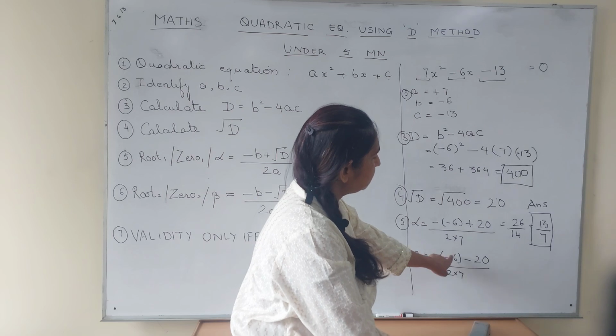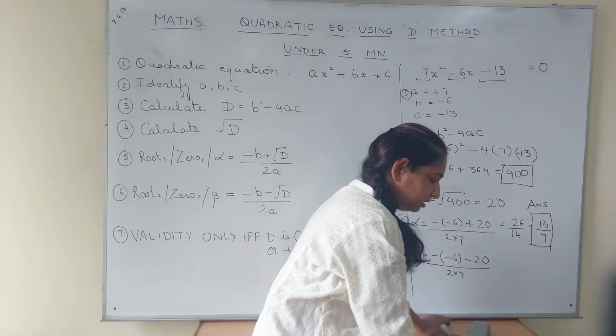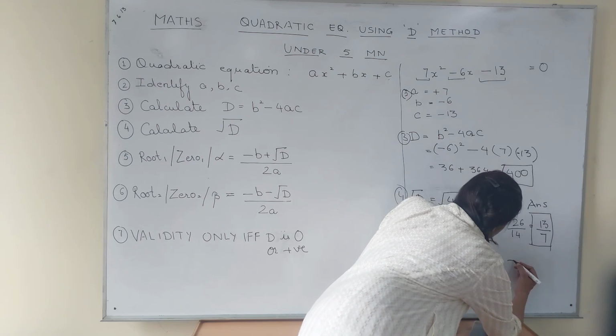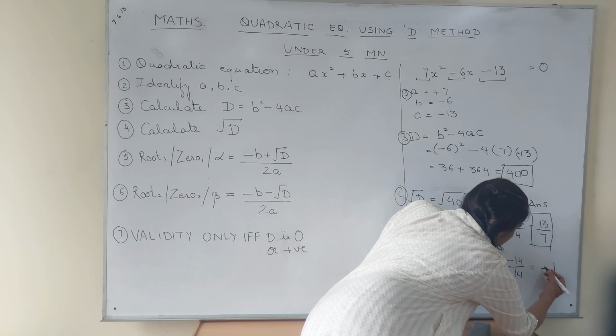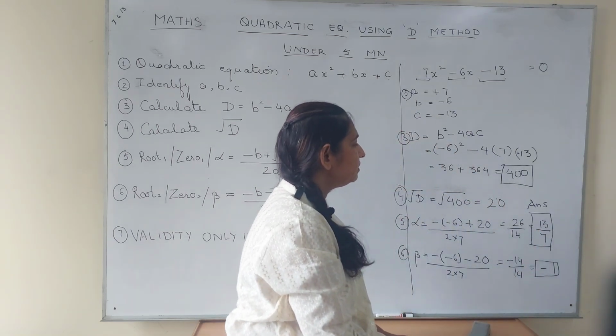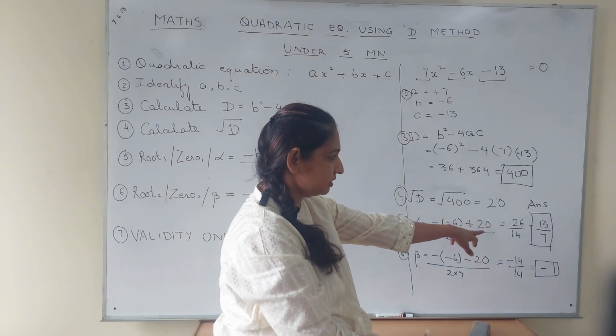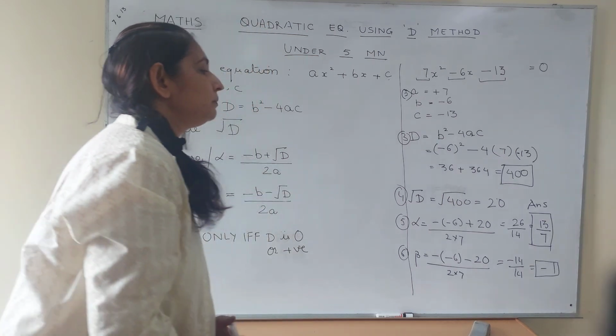This becomes 6 minus 20, which is minus 14. So it becomes minus 14 upon 14, which is minus 1. So alpha is 13 upon 7, one of the zeros is 13 upon 7, and the other root is minus 1.